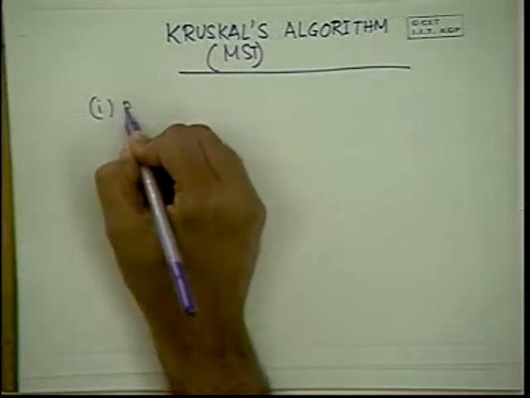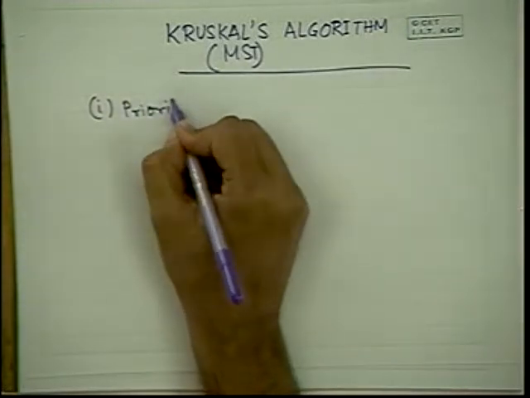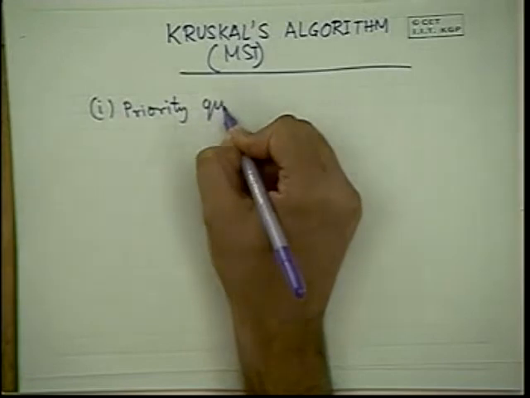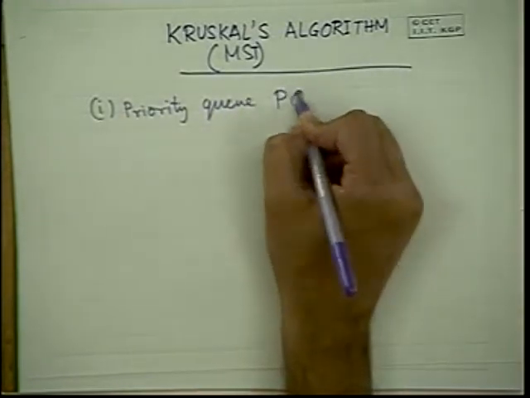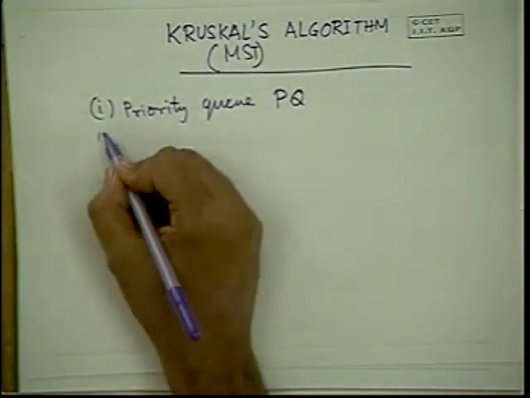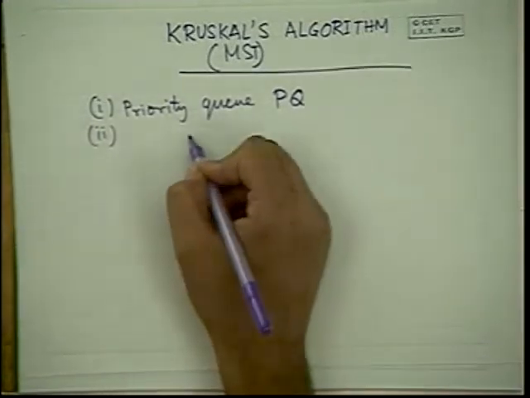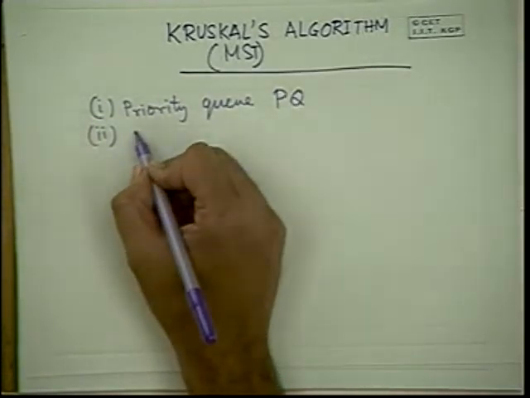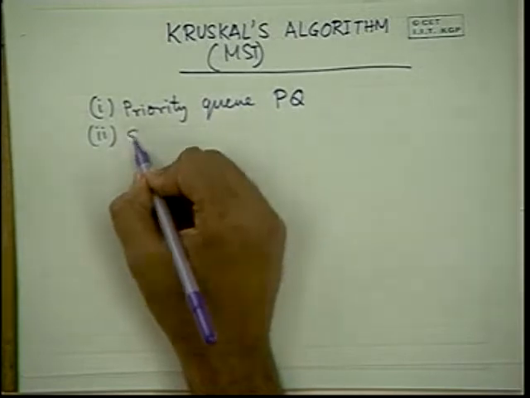The algorithm maintains two basic data structures. So what are the data structures? One is a priority queue, which I will call PQ again, and another, which we will see later, maintains a set system.